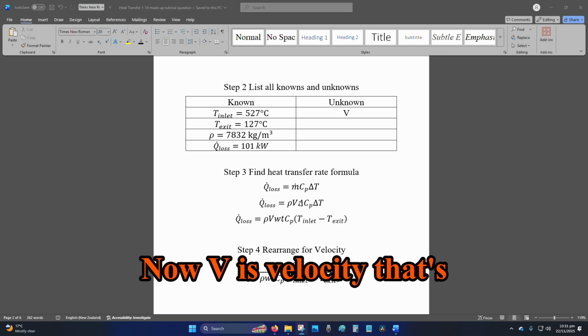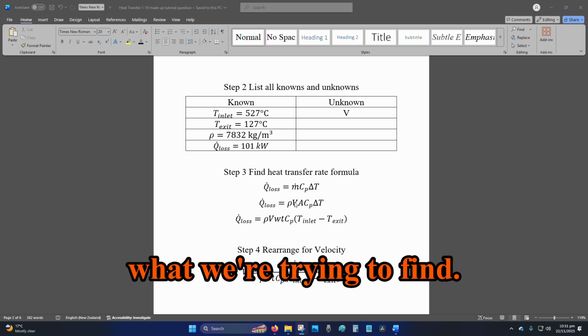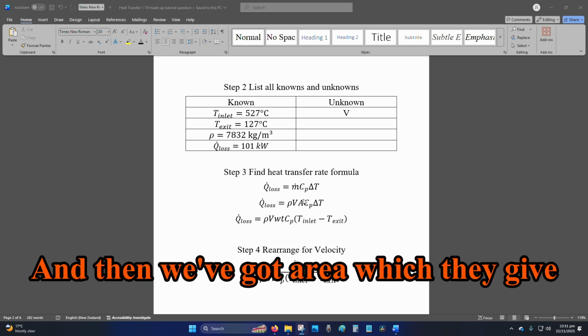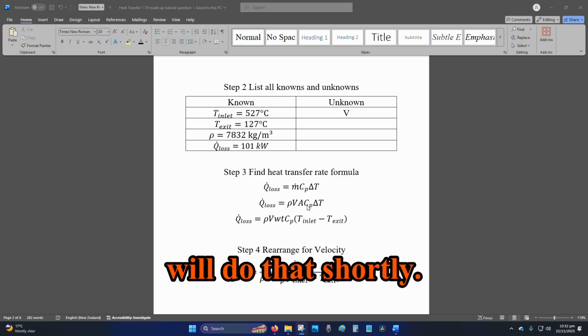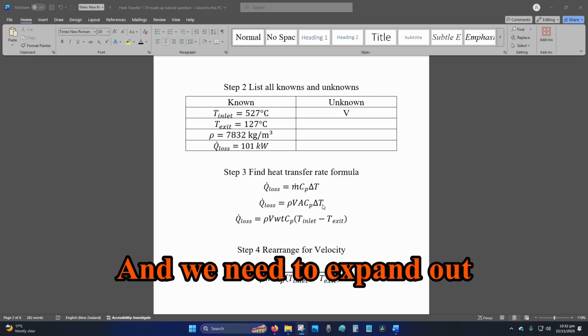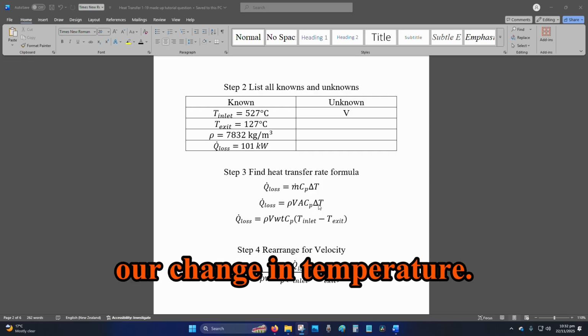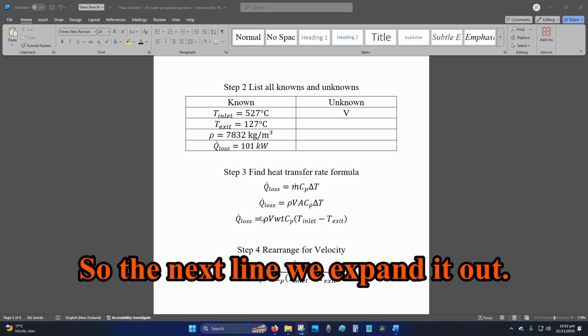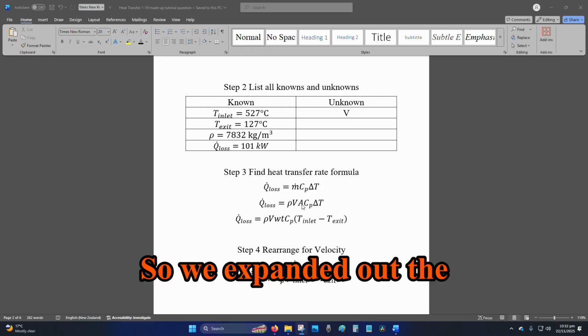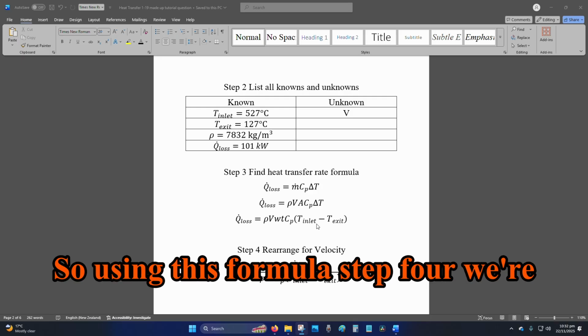Now v is velocity, that's what we're trying to find, and then we've got area, which they give us the thickness and width, and then we need to work out our Cp, so we will do that shortly, and we need to expand out our change in temperature. So the next line we expanded out the area and the temperature.